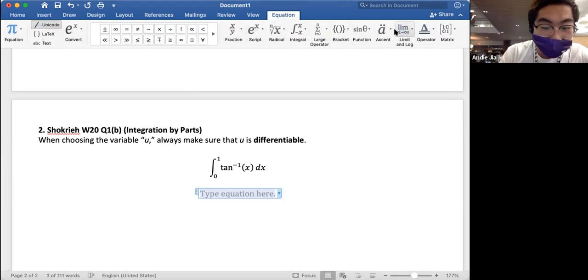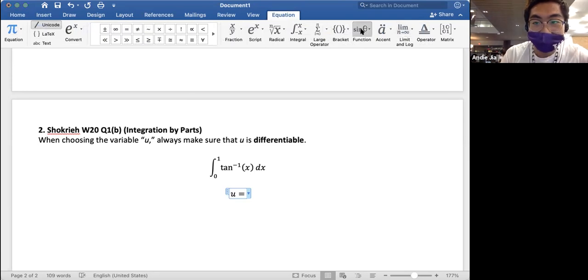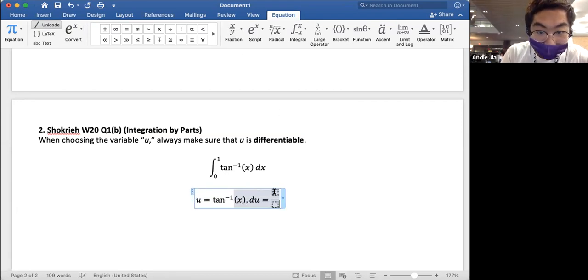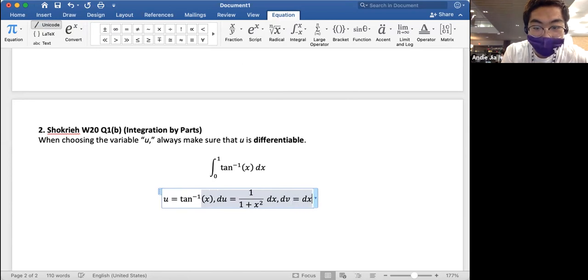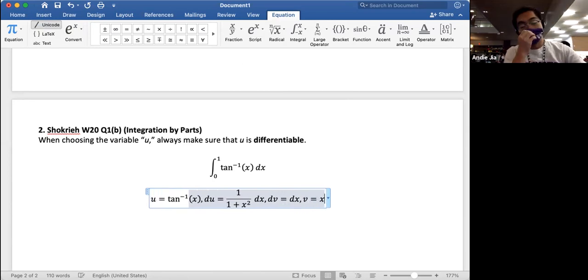So this time we set u equal to arctangent. du is 1 over 1 plus x squared dx. Then dv is dx. Then v is x.